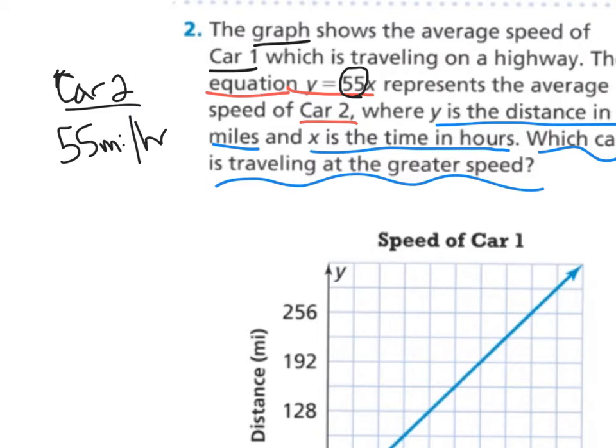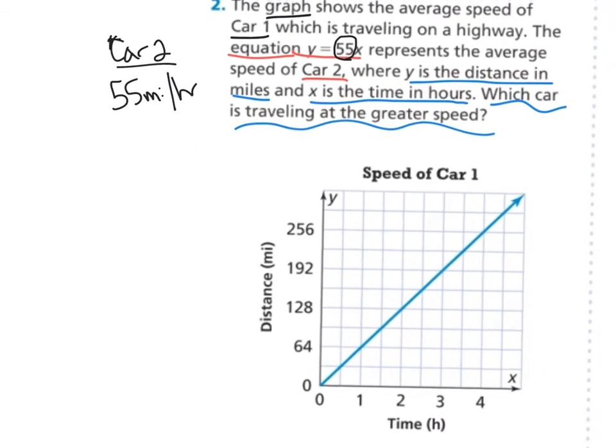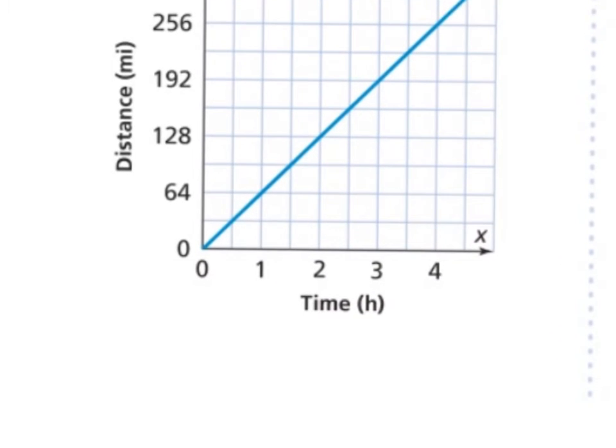Then car 1, we're going to have to look at the graph. So we can just find a couple points on the graph. So one point on the graph here is perfectly at 1, 64. It does go through 0, 0, so it's proportional. So that is going to be our unit rate. It goes through 0, 0 also. If you wanted, you could say that. But that's going to be our unit rate. So that tells me it's going 64 miles per hour.